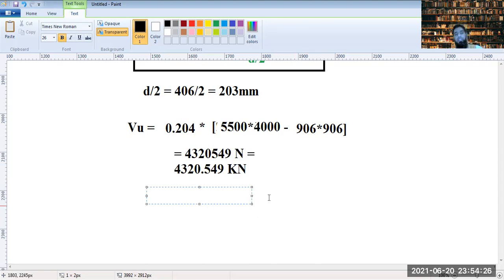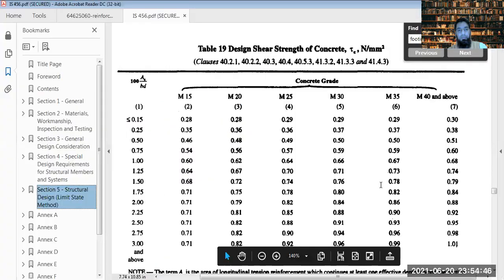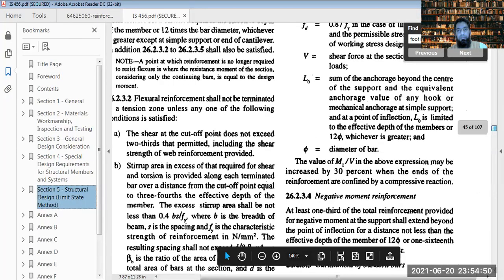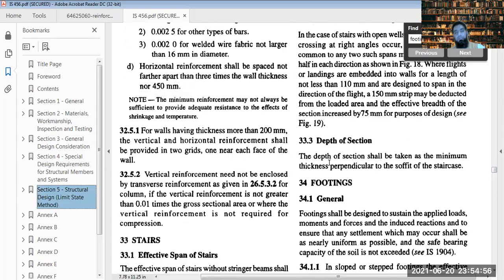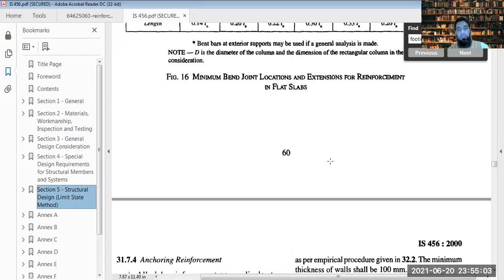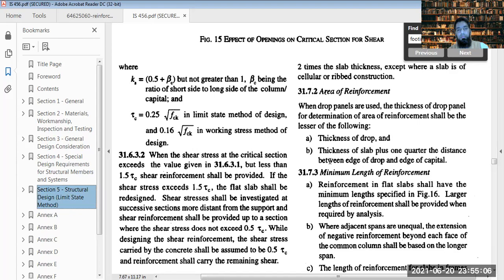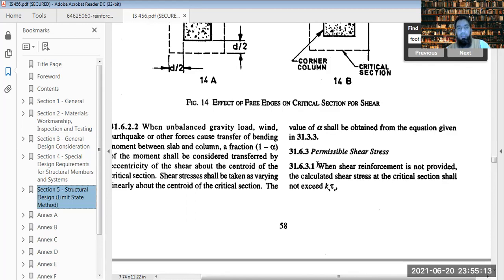So what is the value of two-way shear resistance? That's again given in the code. If you check this clause, 31.6, permissible shear stress.